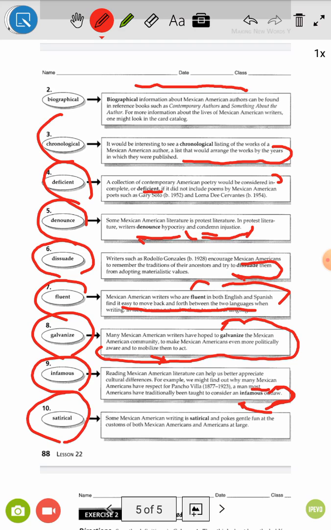Satirical. Mexican American writing is satirical. Okay, the same thing, we have and. We don't know satirical, okay? But the following tells you the meaning. Gentle fun. So satirical here in the sentence means gentle fun at the customs of both Mexican American and American at large.